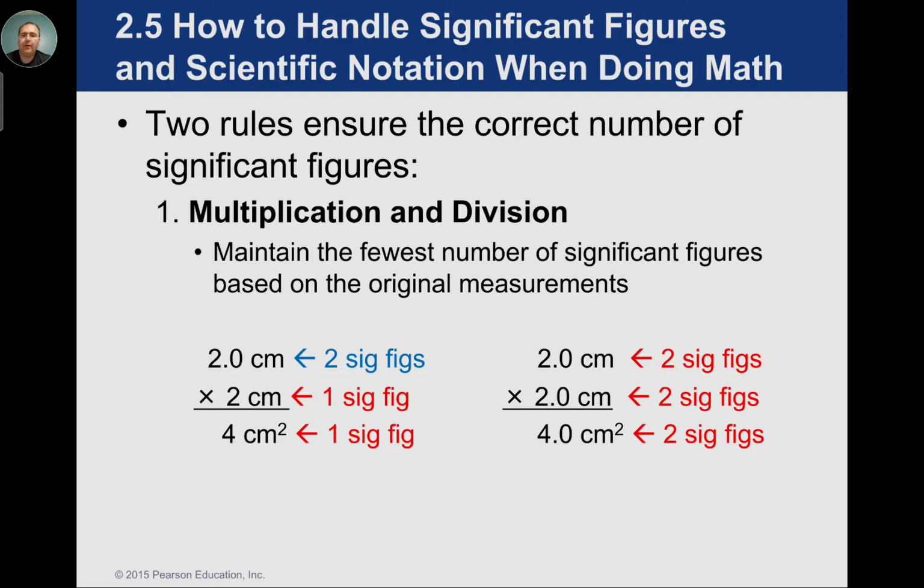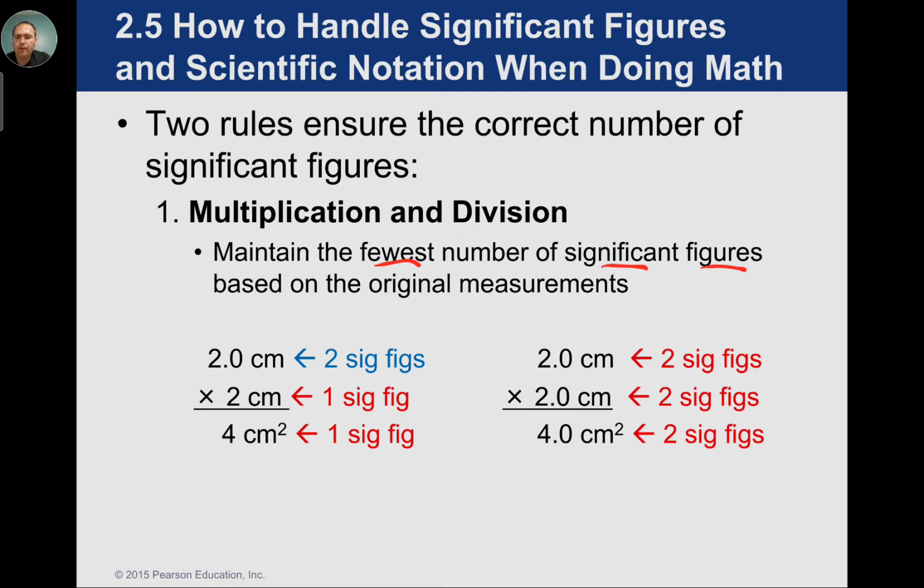The reason we care about significant figures specifically is when we have to use them in more complicated problems like the next 3 weeks. So as we look at significant figures with multiplication and division, we want to make sure that we maintain the fewest significant figures of the numbers multiplied or divided.